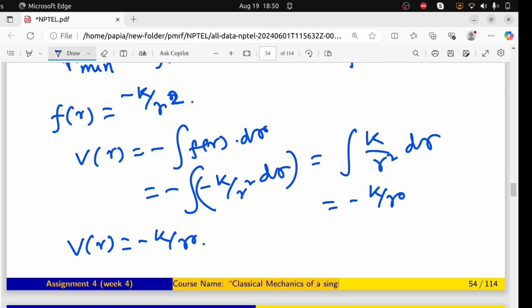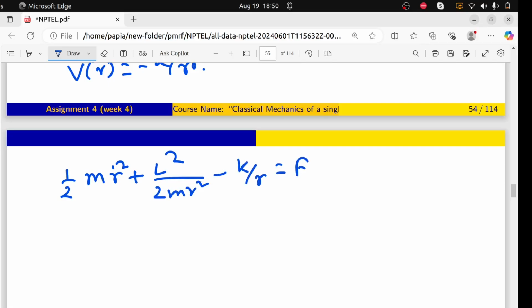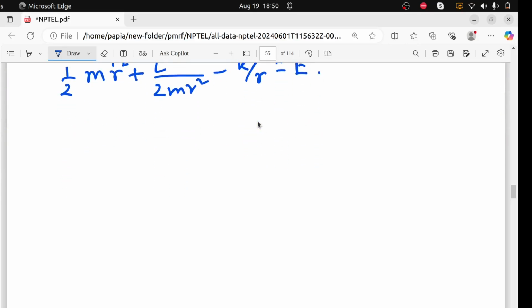Now quickly I can write half m r dot square plus L square by 2m r square minus k by r equals E. And V effective here is L square by 2m r square minus k by r.